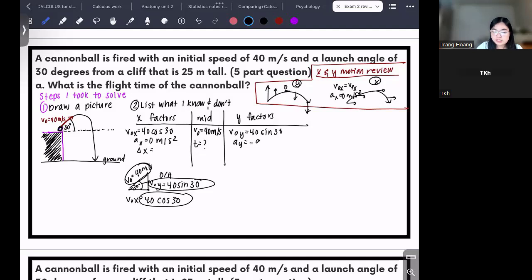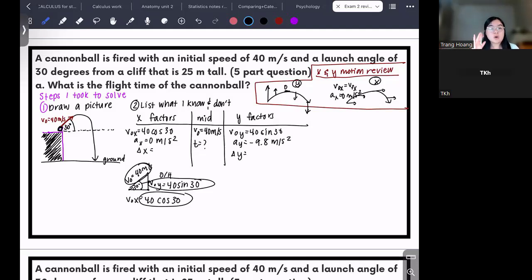And this is something you've seen in the lab multiple times. And we actually do have our change in y. Our change in y is going to be our final minus our initial, right? And in this case, it's important to notice because often I'll see people put change in y as 25 meters. And yes, 25 meters.